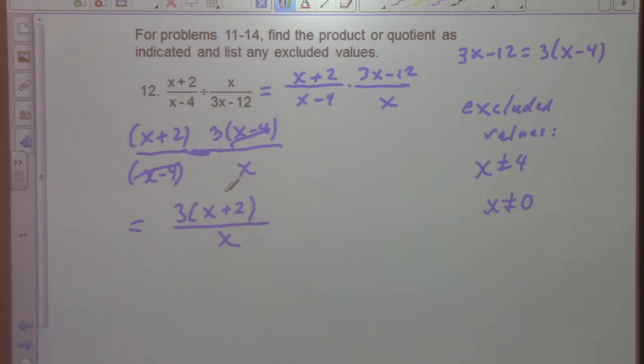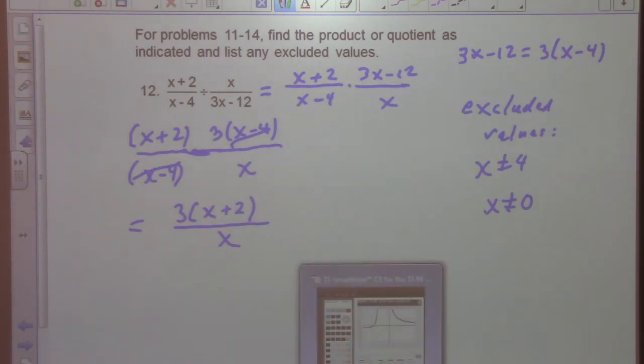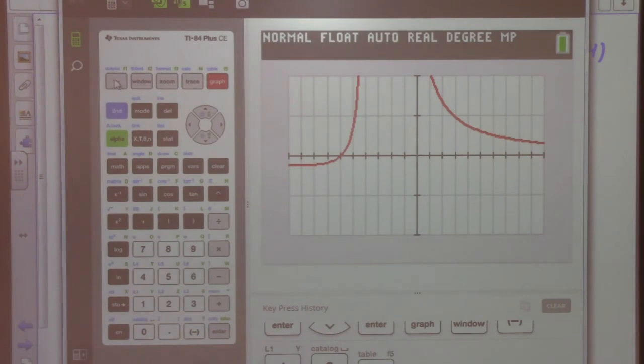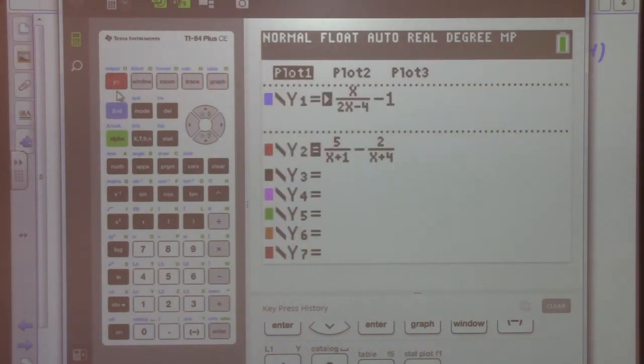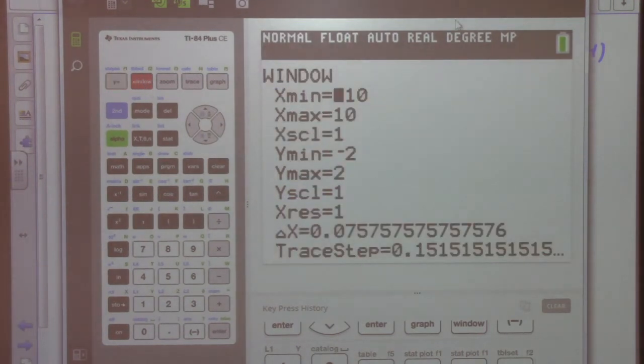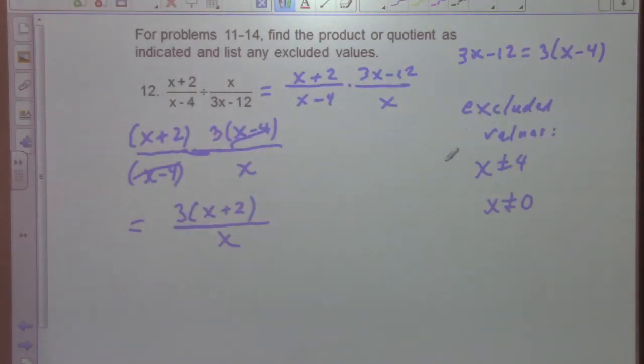And one thing you can do for this is test excluded values, because I'm not sure if I entered this one in the calculator. I didn't, but oh well, you can test by graphing. So this would be our answer here, and that's it.